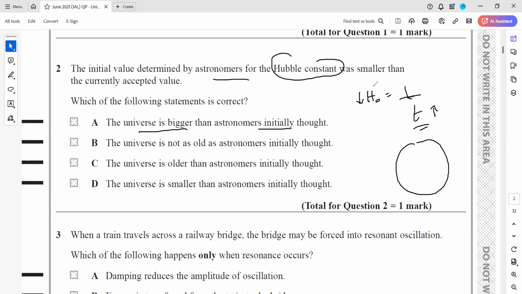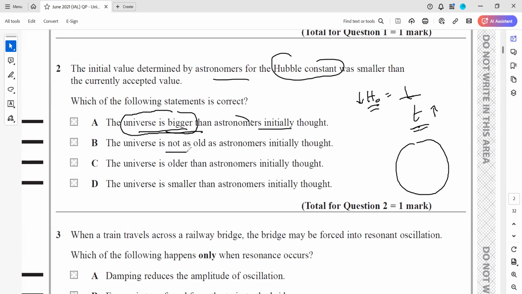It shows a relation with time, how much time the universe has taken, rather than directly the size. So for the statement that the universe is bigger than the astronomers initially thought, the universe might be bigger or smaller, but the Hubble constant does not give an idea about the size. It gives an idea about the time, whether it is older or younger.